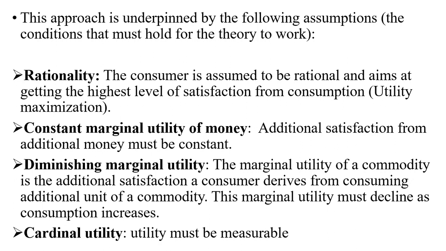The second assumption is constant marginal utility of money. What this assumption is saying is that the additional satisfaction we get from an extra unit of money should be constant.